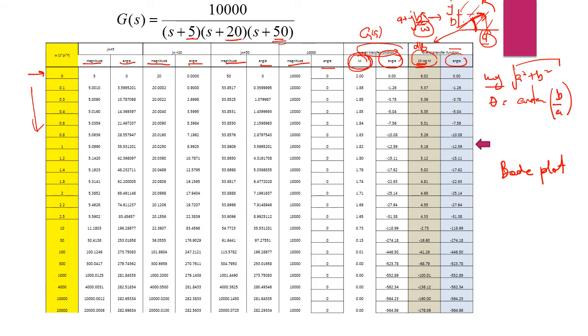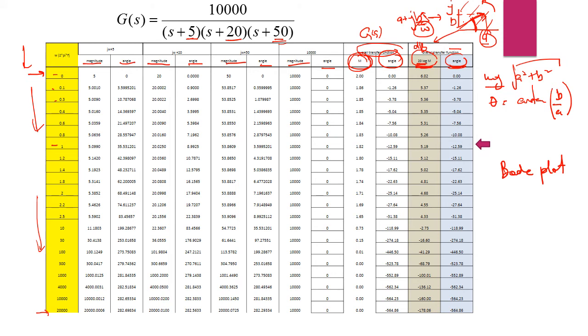Because if we look at here, it's 0, 0.1, 0.3, 1, and then you can go up to 20 kilo radian per second. So in order to be able to visualize everything, the scale will need to be decibel versus logarithmic, right? So these two parameters will be plotted as a function of omega. They are the magnitude in decibels and the angle of phase shift in degrees, versus omega in radian per second.